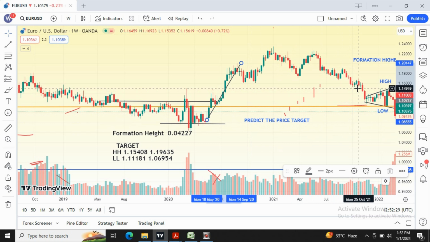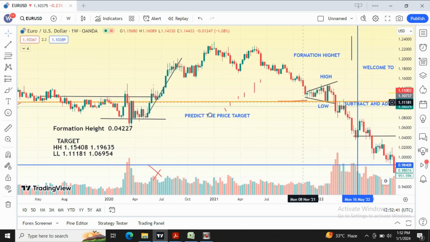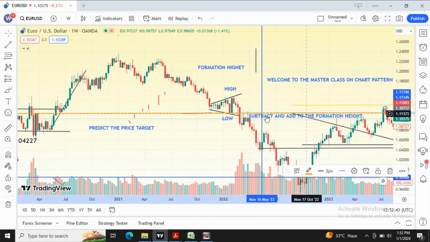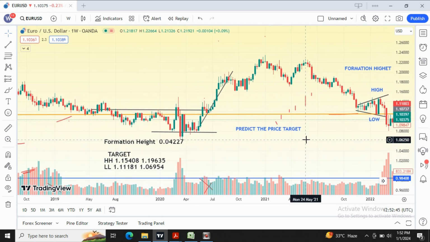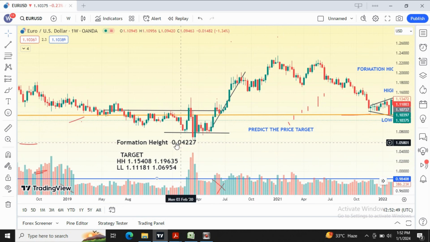From this example now, we have our ISI as 1.15408. Then our lowest low is 1.1181. Then when we are calculating the formation height, our formation height is 0.04227.